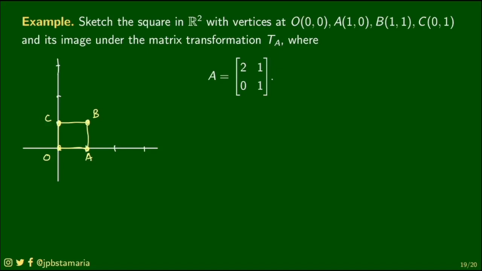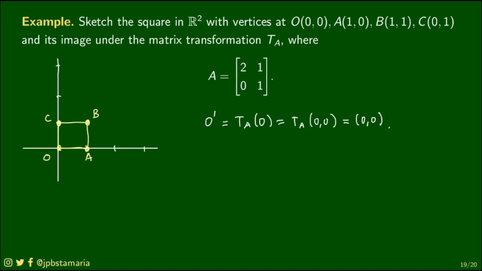For example, what will be the image of O? The image of O under the transformation, because O is the 0 vector, we know that that will also be the 0 vector. So the image of O is itself under the transformation.